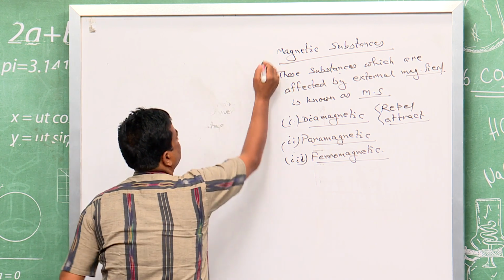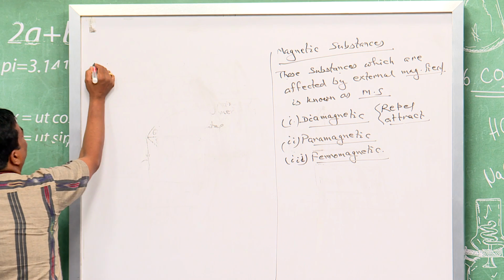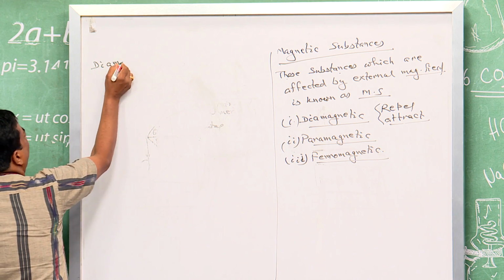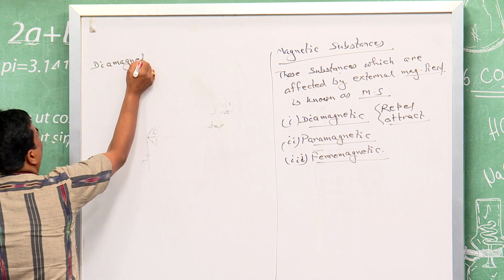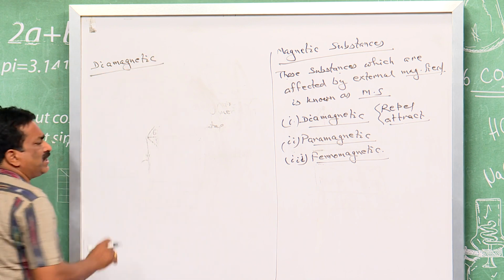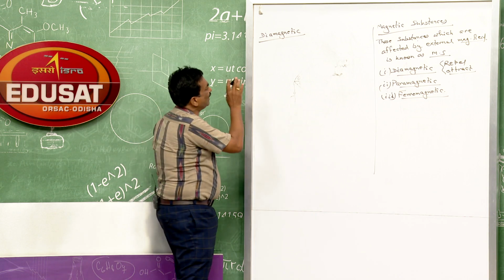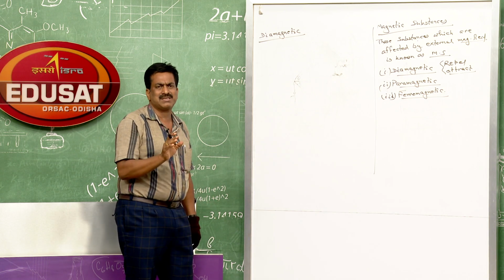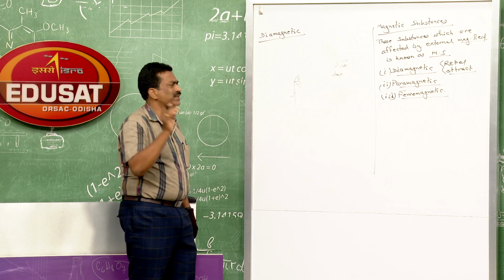Let us first discuss diamagnetic. So, these are the substances. What type of nature are these substances showing?